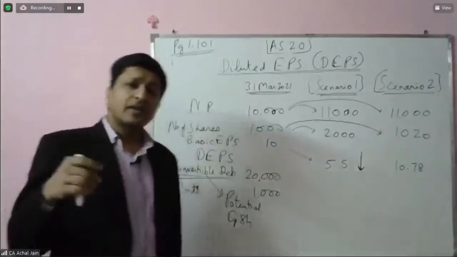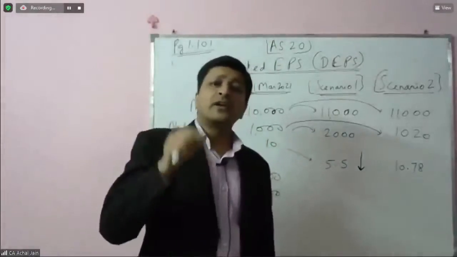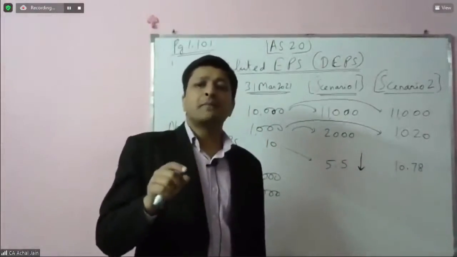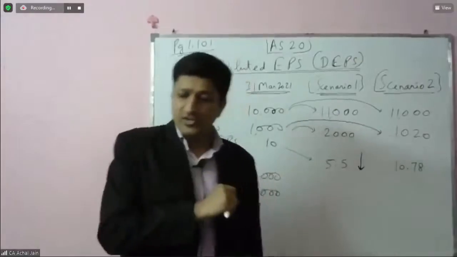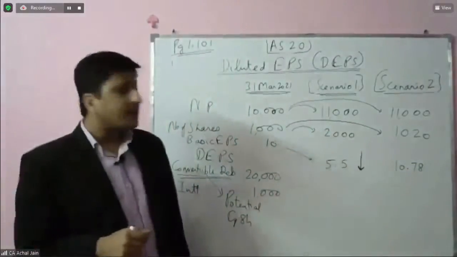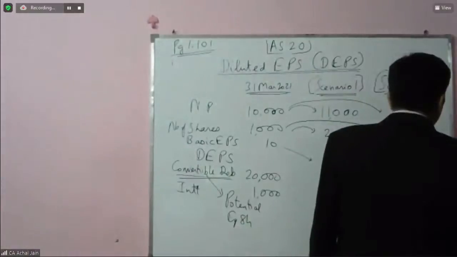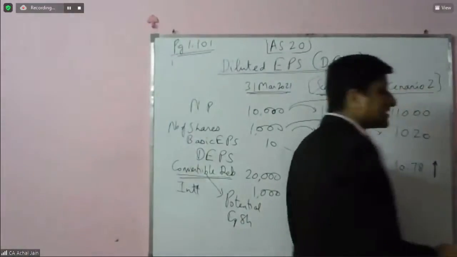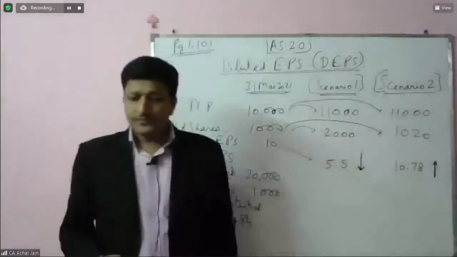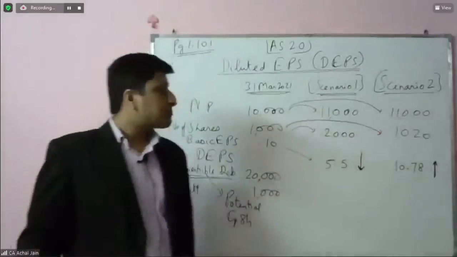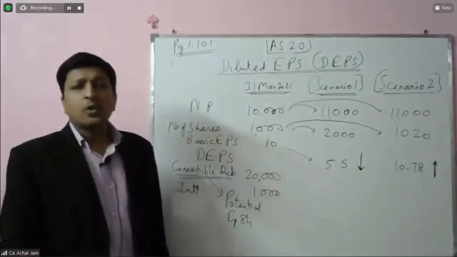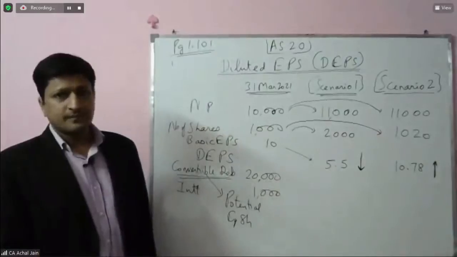In scenario 1, EPS was going down after considering the impact of potential equity shares. But in scenario 2, EPS is going up. This has increased after considering the impact of potential equity shares.